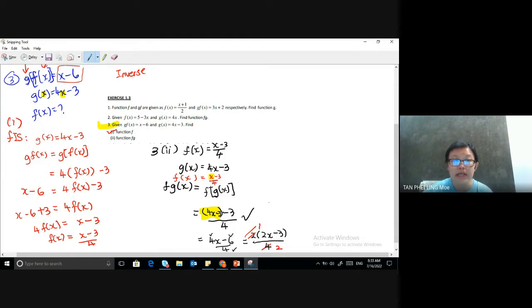So with that I can make them all simplified. Now it becomes 1 times 2x minus 3, so 2x minus 3 only, and then over 2. So this is the simplified one.